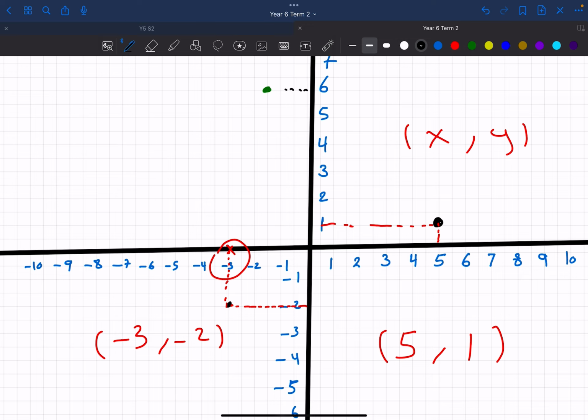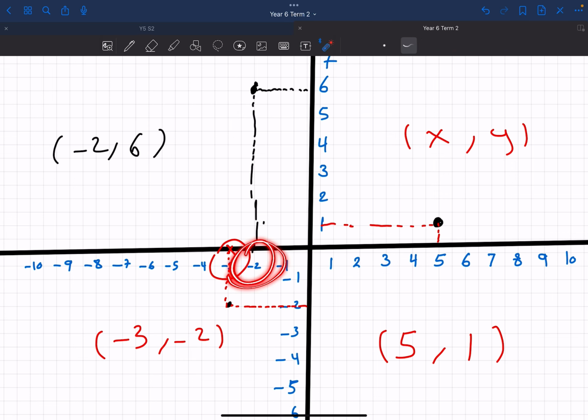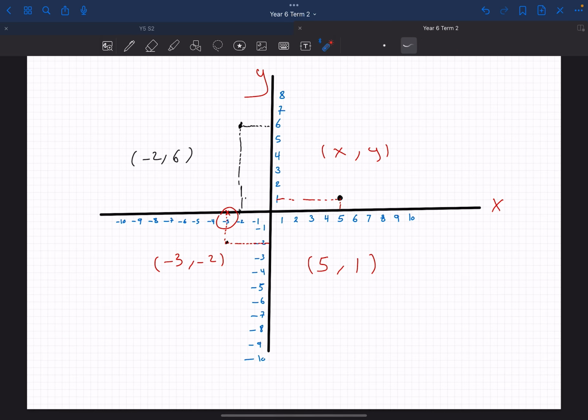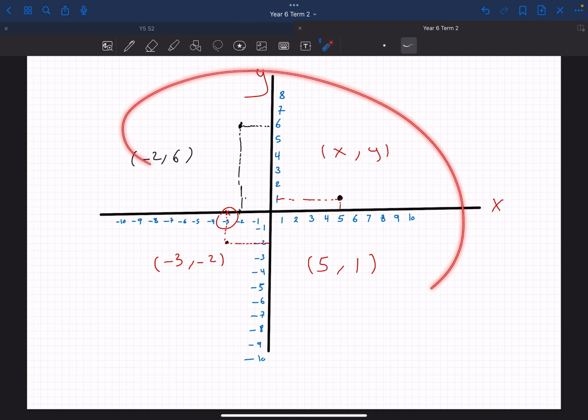Okay, connect. It's done now. So it is -2 and 6, because -2 belongs to the x, then the y is 6. Okay, these are the coordinates.